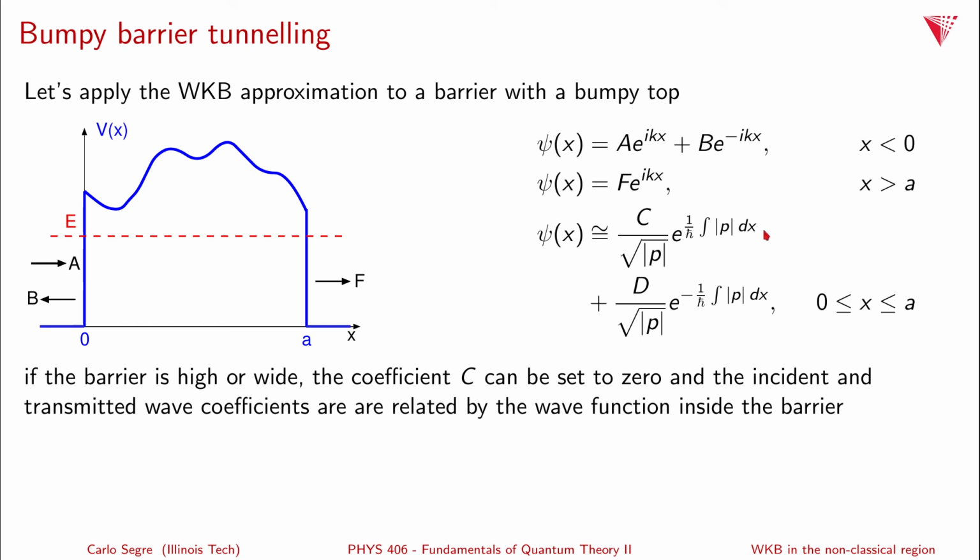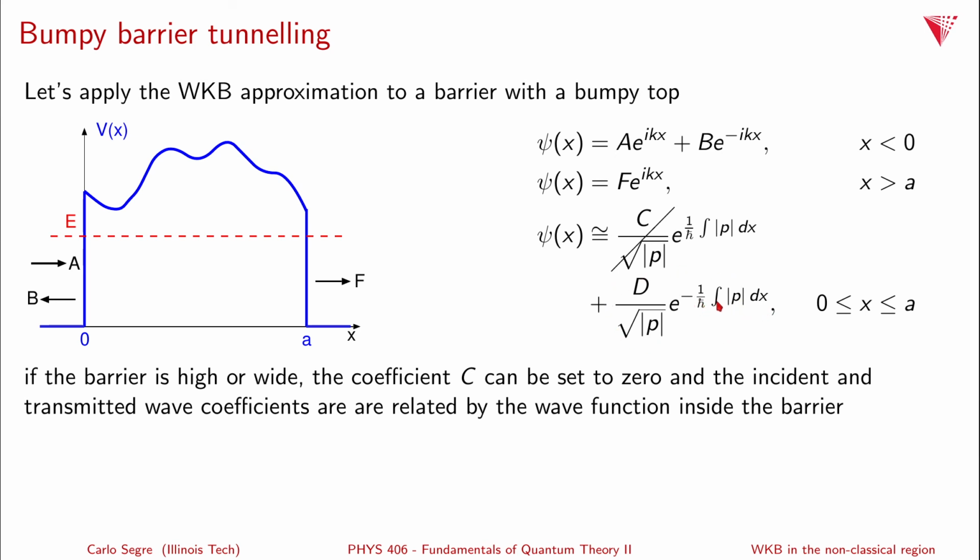It's really responsible for the reflected wave coming back and transmitting back through. So we'll set C to 0. And now the reflected, which is B, and the transmitted coefficients are related by the wave function inside the barrier, which is this term here.